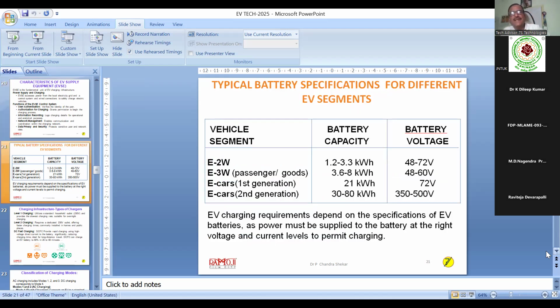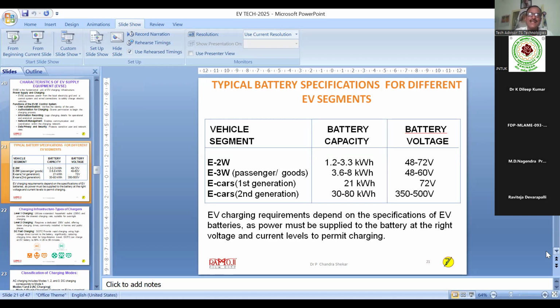Typical battery specification for different EV segments: two-wheeler, three-wheeler, first generation car, second generation. Battery capacity for a two-wheeler is between 1.2 to 3.3 kilowatt; generally we use 48 to 72 volts. For a three-wheeler, 3 to 6.8 kilowatt, and there they use 48 to 60 volts. What is the difference?